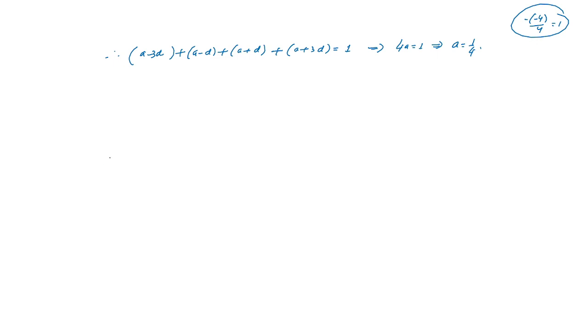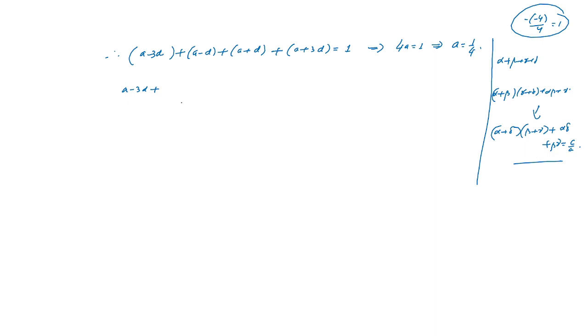Again, we applied alpha plus beta plus gamma plus delta. Now we apply alpha plus beta into gamma plus delta, alpha beta gamma delta. Or you can apply alpha plus delta, beta plus gamma, alpha delta, beta gamma. That relation is basically c by a.